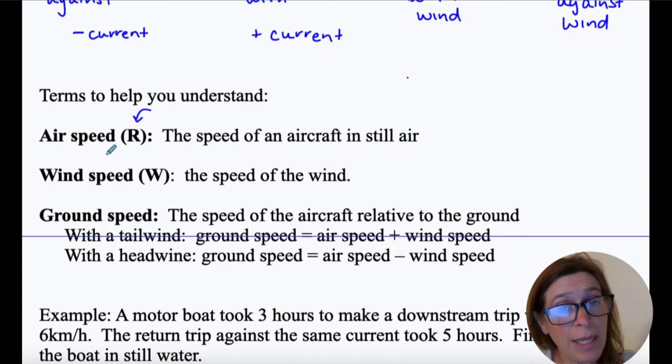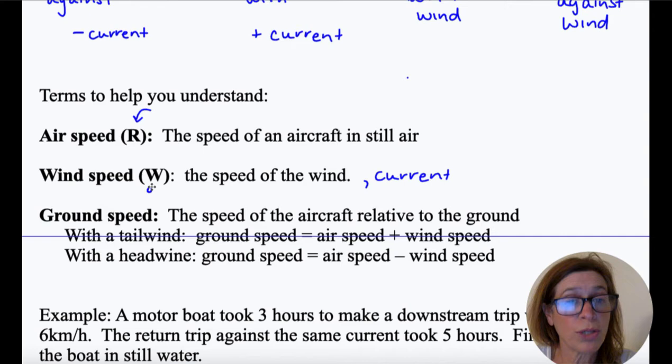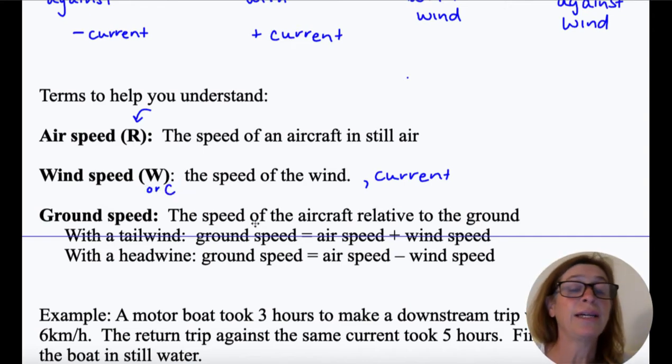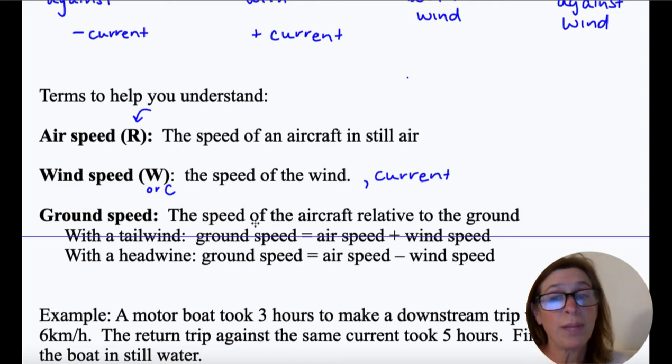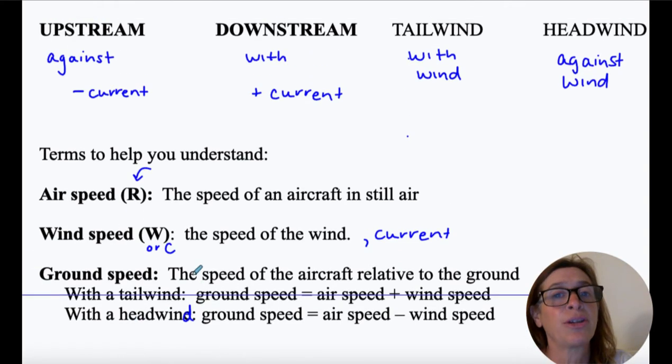The wind speed, or the speed of the current, is going to either be W or C. And then the ground speed is actually the airspeed plus the wind speed or minus the wind speed. And that's when we're talking about the tailwind or the headwind. And again, it could be upstream or downstream.